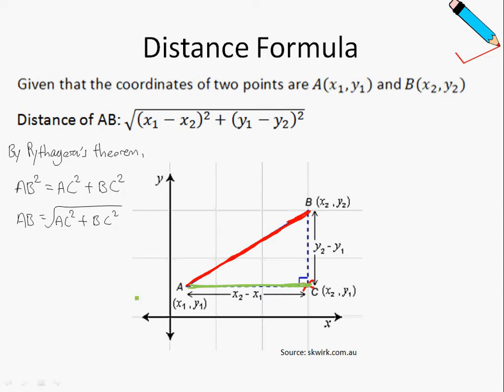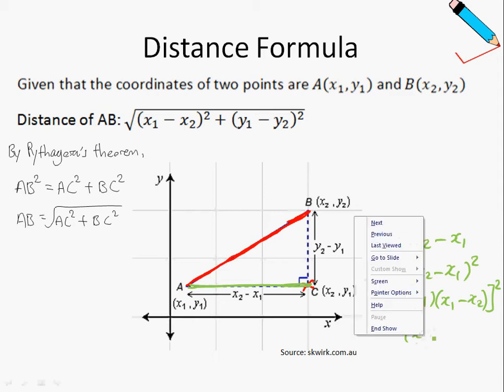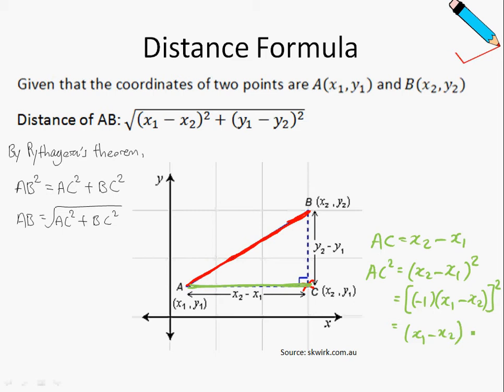Therefore AC is simply x2 minus x1. Therefore AC squared is simply x2 minus x1 squared. If I were to factorize out a -1 from this expression, -1 times x1 minus x2, and square this expression, I will end up with x1 minus x2 squared.